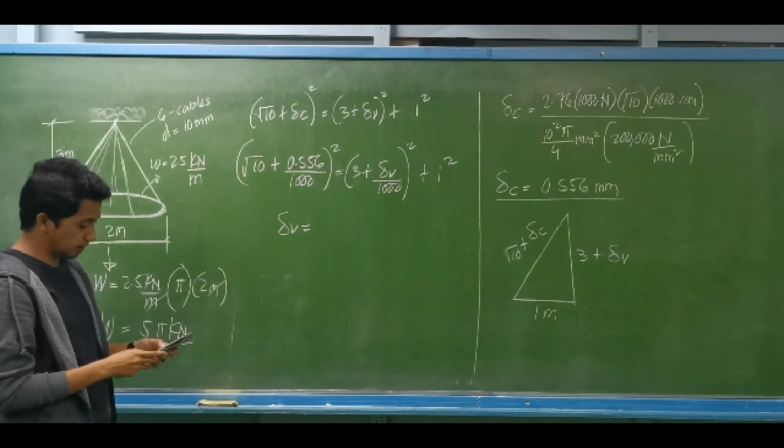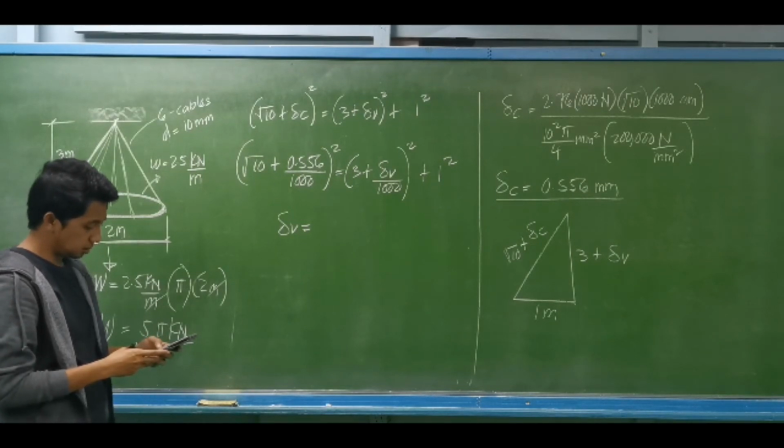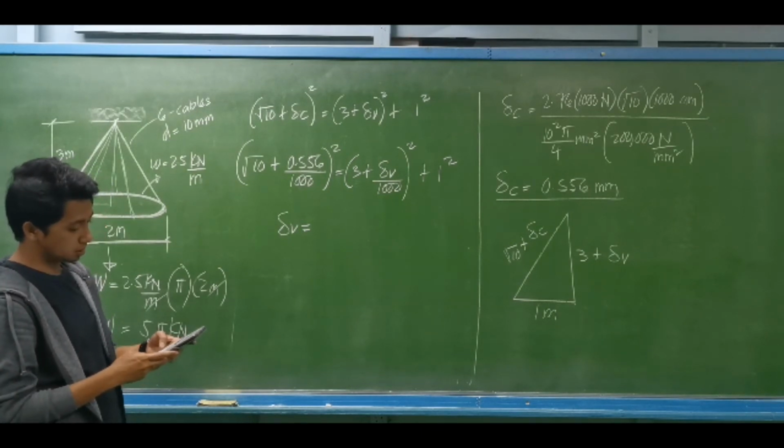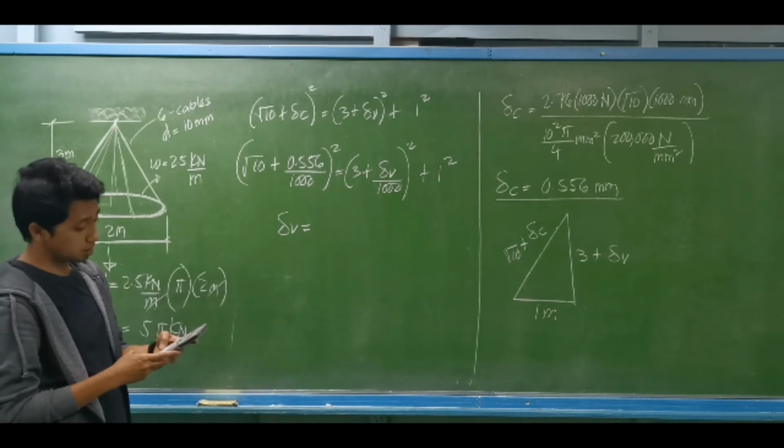So let's compute for the vertical displacement of the ring. You have square root of 10 plus 0.556 over 1,000, and that quantity squared, minus 1, then square root, minus 3, multiplied by 1,000.